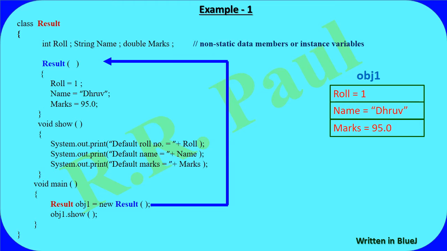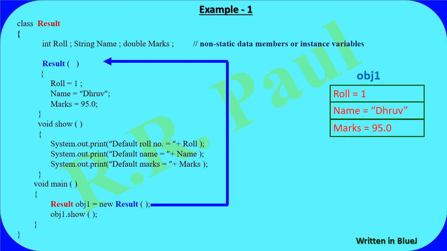So the constructor will be invoked automatically when this object obj1 is created. And this is the third point that you saw earlier, that it is invoked when the object of the class is created. Then through that object, we are calling the show function.